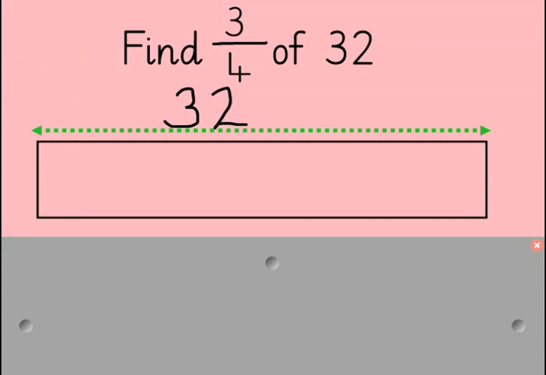The first thing we need to look at is the denominator, and the denominator tells me the size of each piece or of each fraction. It tells me that I need to split my bar into 4 equal pieces. So I'm going to do that.